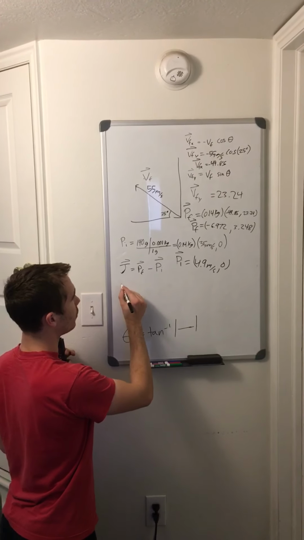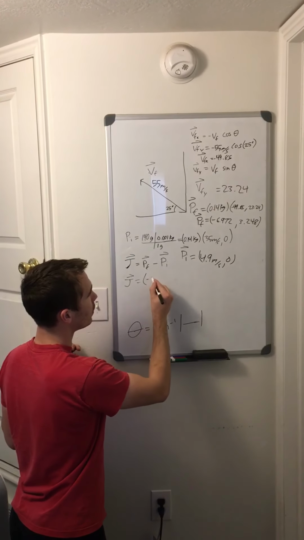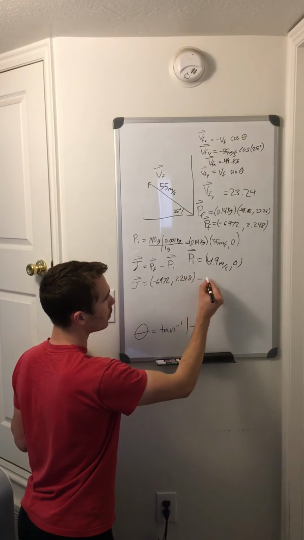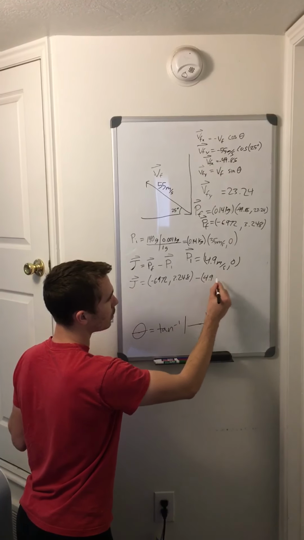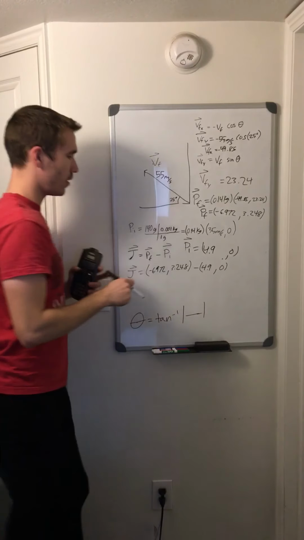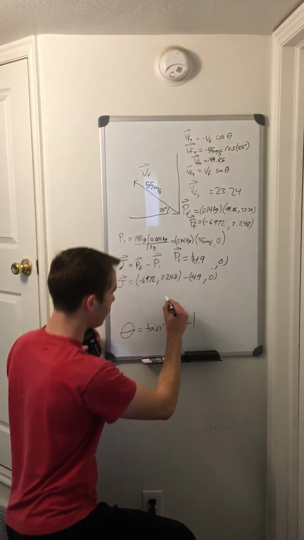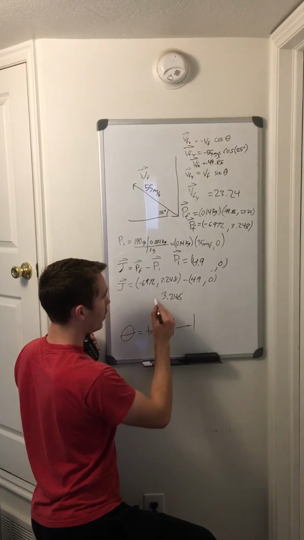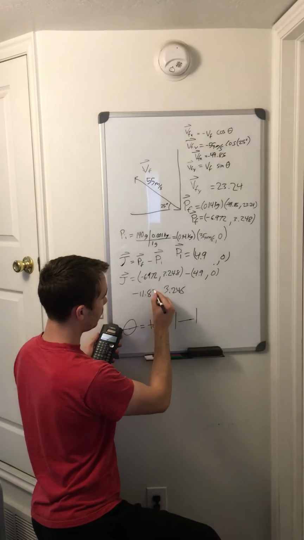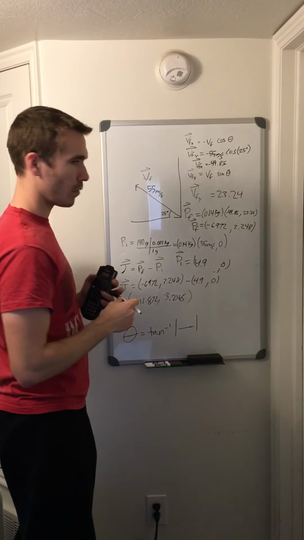And so once we do that, because the value is 0 over here, our y component basically stays the same, so we still get 3.248, but our x component now is negative 11.872.